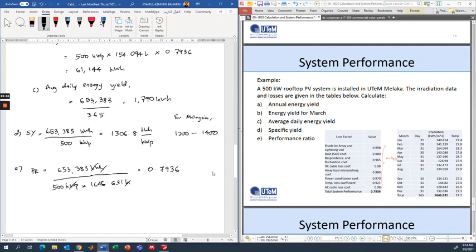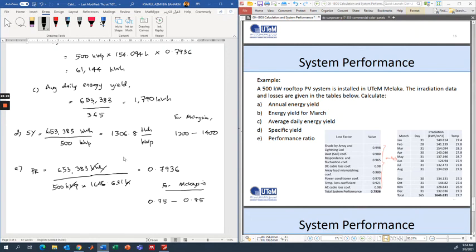Typically for Malaysia, the range is between 0.75 and roughly 0.85. In some cases they might go beyond 0.85, which means better, but this is the general range. So what does it mean?